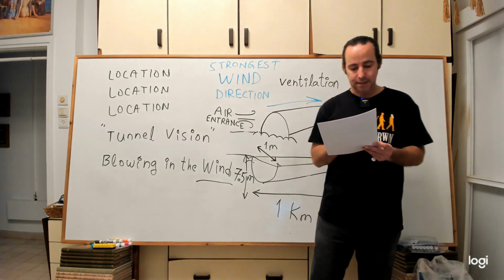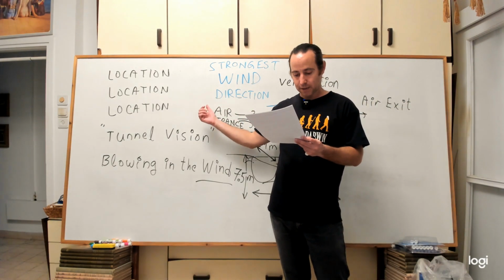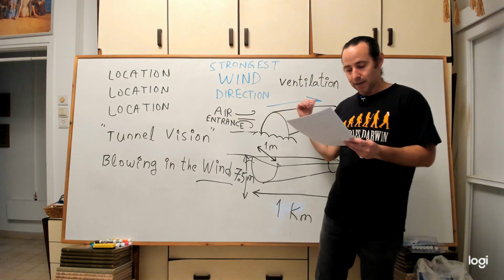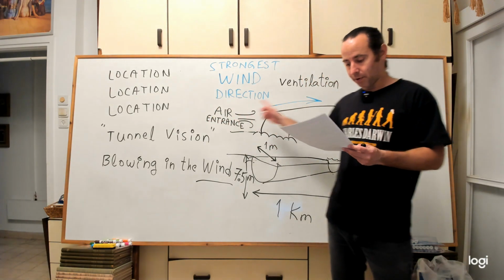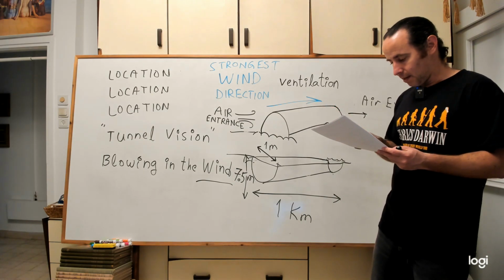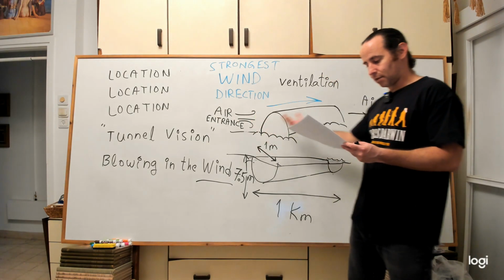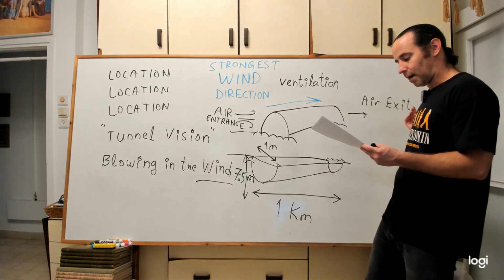Again, since we decide what direction we make the tunnel, we make it along the direction where it can be ventilated by the wind. Anytime we open the doors in both ends of the tunnel simultaneously, the wind pushes new air into the tunnel, which pushes the old air in the tunnel to the outside.